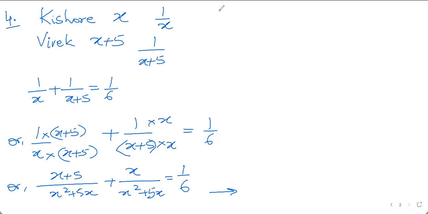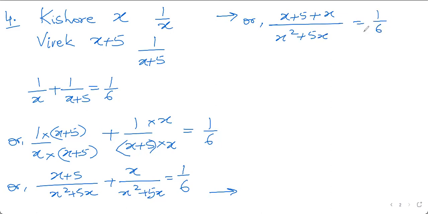Keep writing with me. When we simplify this further, this becomes (x plus 5 plus x) by the common denominator, equals 1 by 6. The next step of the simplification will be cross multiplication, right?